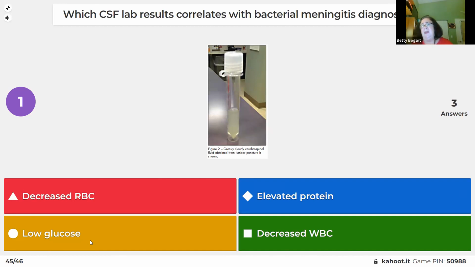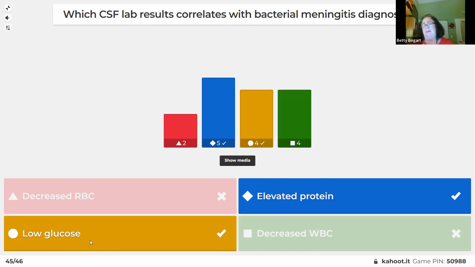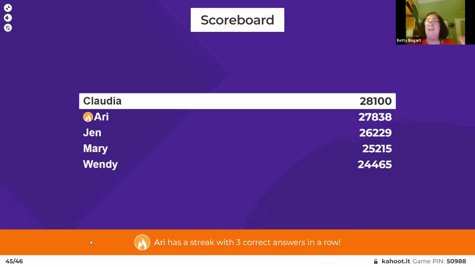I'd be waiting for that lab to see how many white blood cells, but what is the glucose? What is the protein? When you see elevated protein and decreased glucose, because bacteria love to eat all the sugar up, so it's low, together with white blood cells, you know it's bacterial meningitis. I need to get that antibiotic in this child right now.